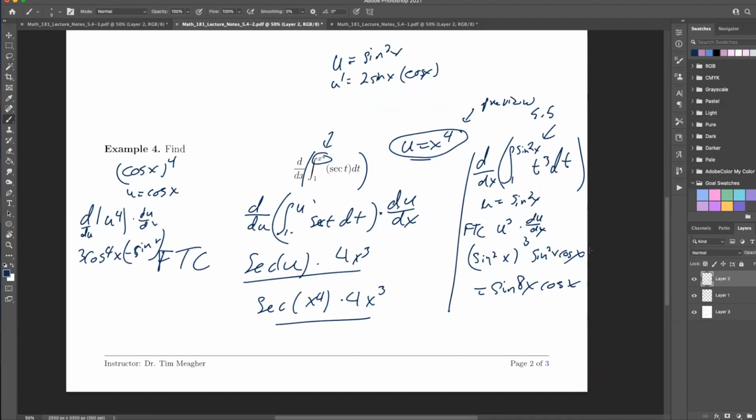U prime? U prime of sine squared of 2x? Yes, okay. I can fix that.